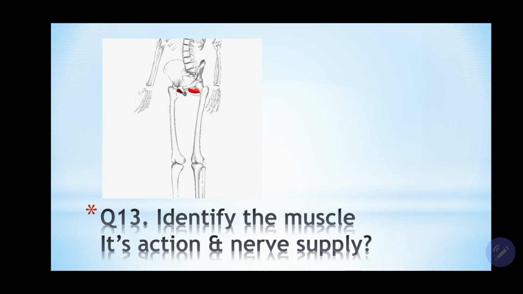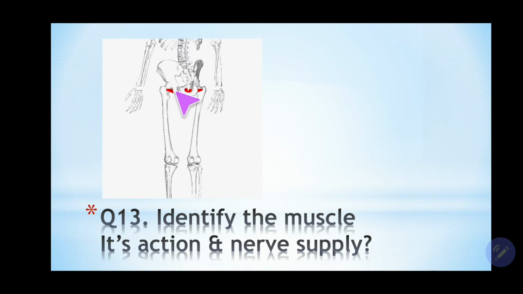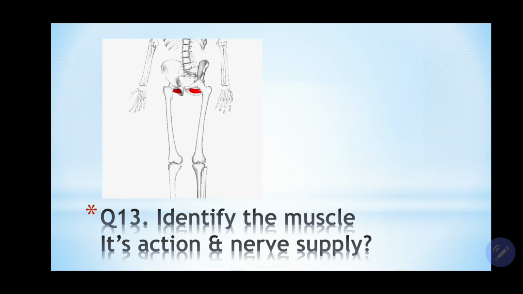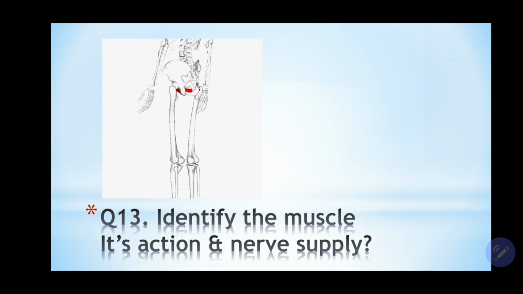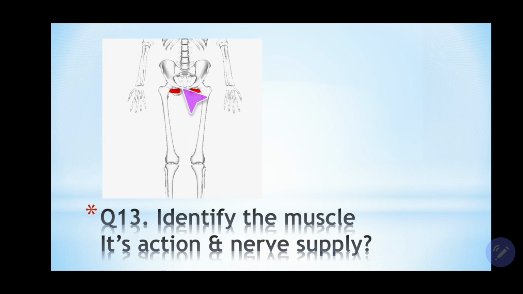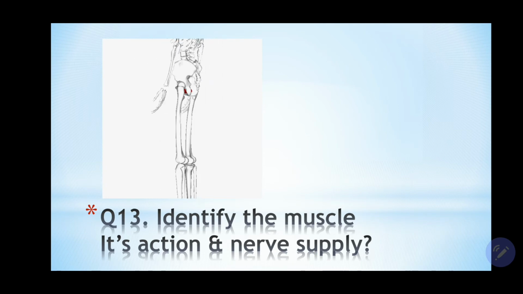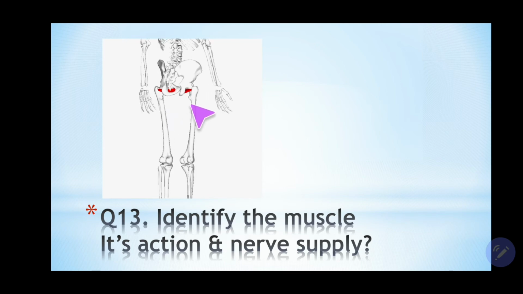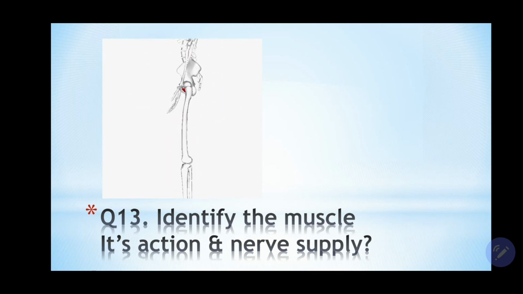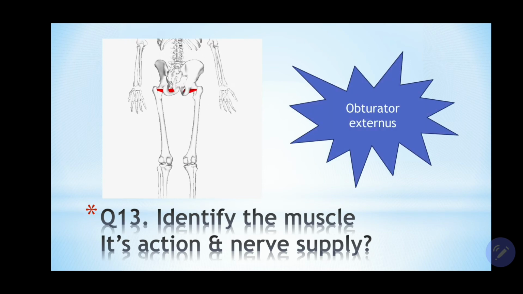Remember, this muscle was taking origin in the pubic region from the outer surface of the obturator foramen, as well as the outer surface of the obturator membrane, and this muscle, you can see, is winding laterally behind the neck of the femur and is getting inserted deep inside the intertrochanteric fossa. So the muscle is obturator externus.